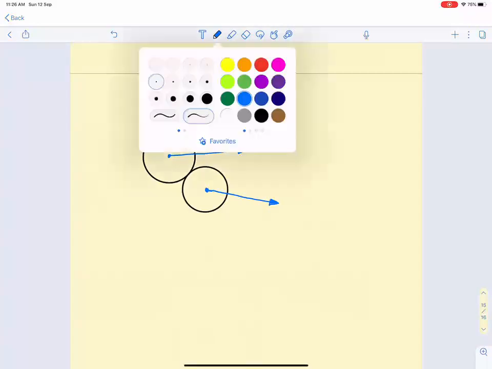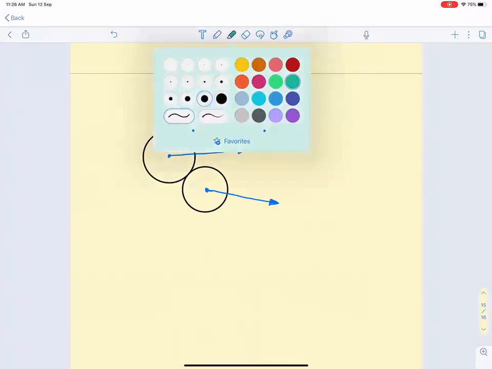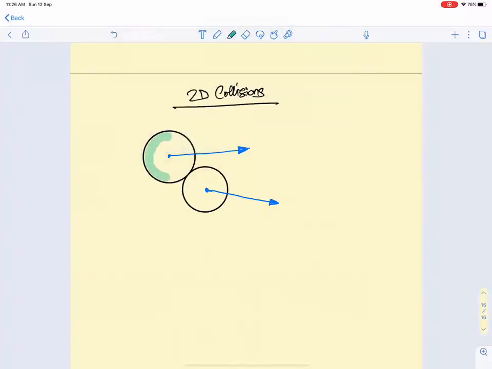So here, which is the line of impact? Can you say for these two colliding bodies which is the line of impact? See, they are smooth bodies, no friction. The line of impact means the line along which the impulses act. That is the common normal. If they are spherical bodies, join the centers.